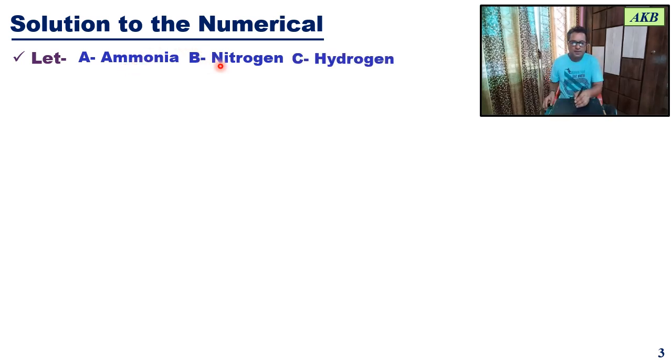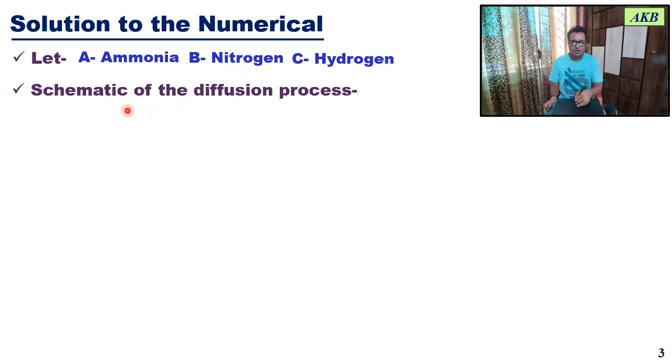Then B is the second component in the mixture, that is nitrogen, and C is hydrogen, the third component in the mixture. Okay, so we are starting by stating these notations. A is the diffusing component, that is ammonia, B is nitrogen, and C is hydrogen.